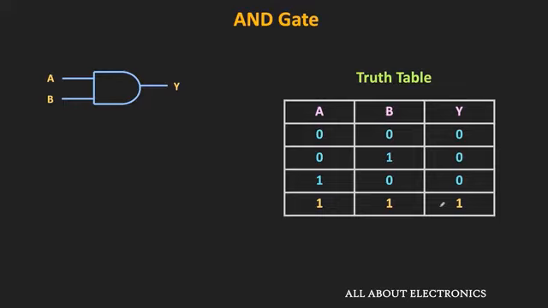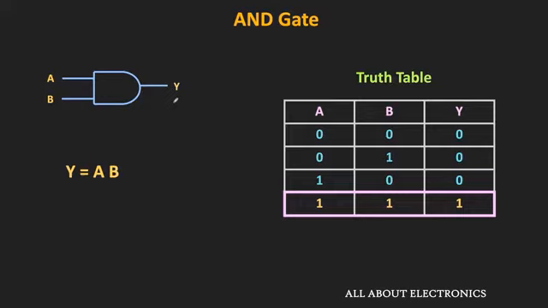As I said earlier, the output of the AND gate is logic 1 when both inputs are high. And if any one input is low or logic 0, in that case, the output will also be equal to logic 0. So let's say these A and B are the inputs to this AND gate and Y is the output. The Boolean expression of this AND gate can be given as Y is equal to AB.